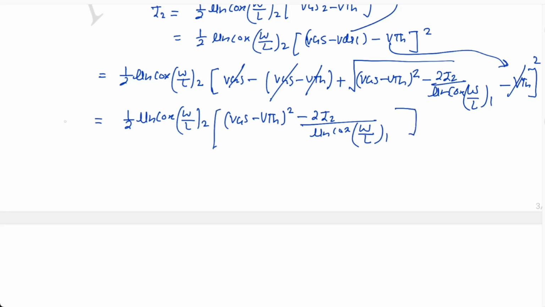Okay, so this is the value of current I2.